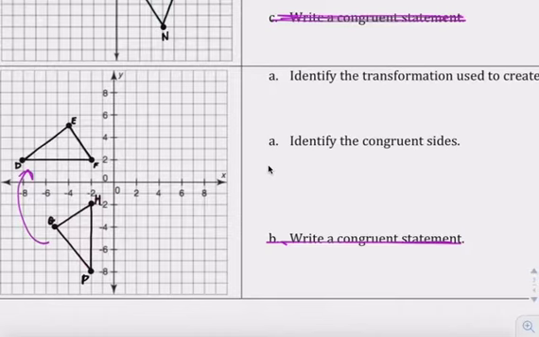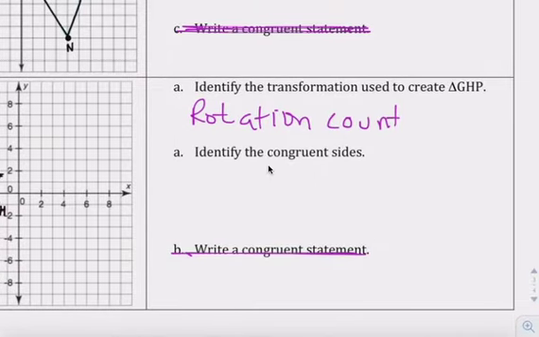Either way you see it, or you can see it as a rotation of clockwise 270 degrees, whichever way you see it. So this is definitely a rotation. I'll put rotation 90 degrees counterclockwise.